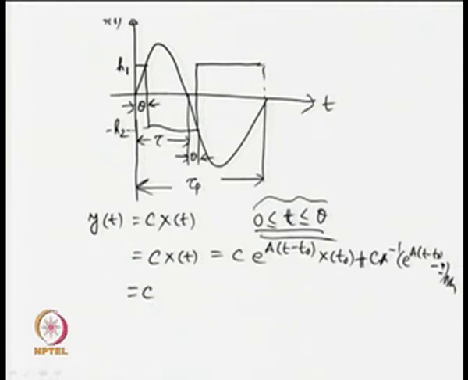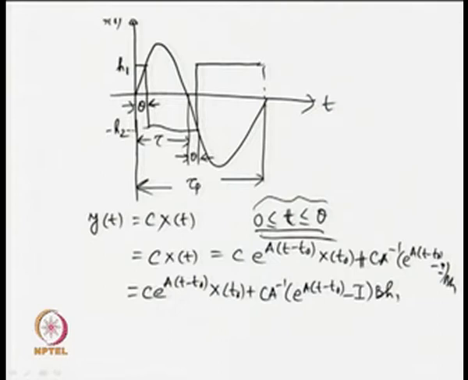The output signal will be given by the expression C e^{A(t - t0)} x(t0) plus C A^{-1} (e^{A(t - t0)} - I) B h1, because the input to the system at that time is this piecewise constant input h1, for which we have got the output starting from time t = 0 till time t = θ. So, this part of the signal is given by this expression y(t).